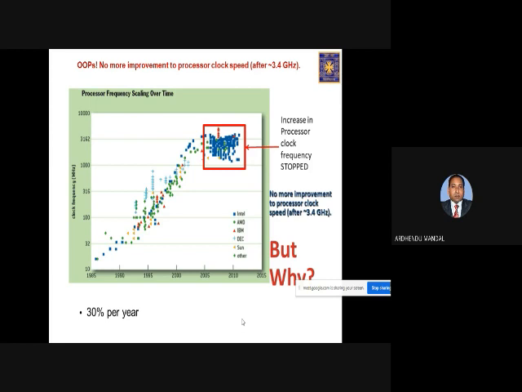There is no further improvement in clock frequency increase. Some processors reach 3.6, but those are not very stable. The stable one is 3.4 gigahertz that we generally get, even lower than that. Suddenly there is no further increase in the clock frequency of the processors.